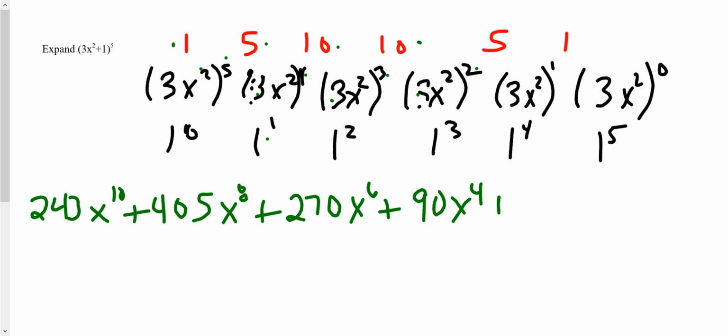Then we've got 5 times 3, which gives me 15, and I'll just have an x squared. And finally, at the end, you're going to have 3 to the 0, that's 1, times 1 to the fifth. So we finally get to use that 1 at the end and put a plus 1. So you're just supposed to fill in the correct blanks there, but that's the entire answer.